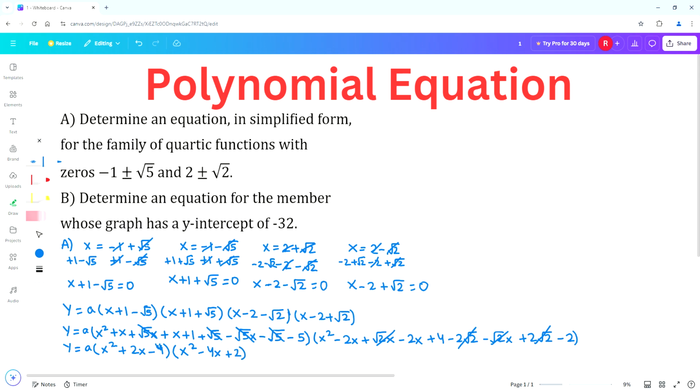Next we can distribute the terms in these two parentheses. We multiply the terms with each other. X squared times x squared is x to the power 4. X squared times negative 4x is negative 4x cubed.